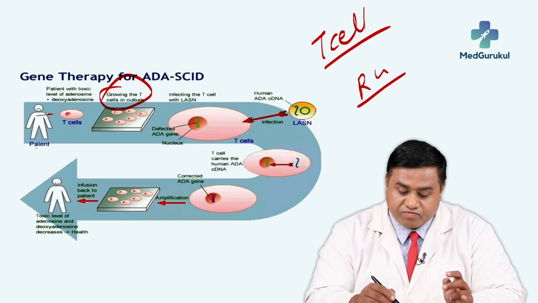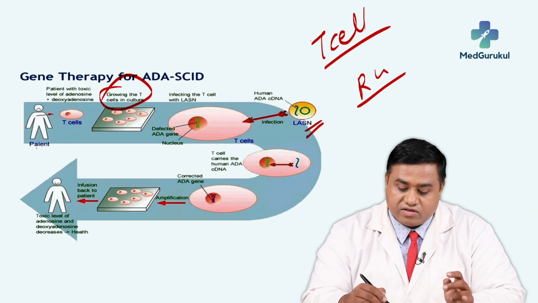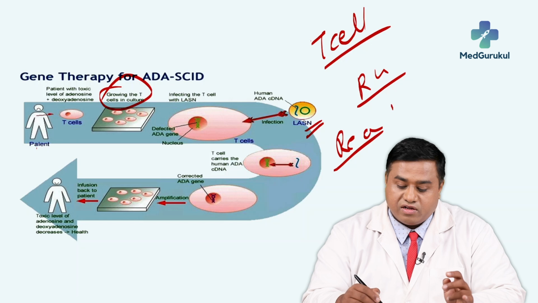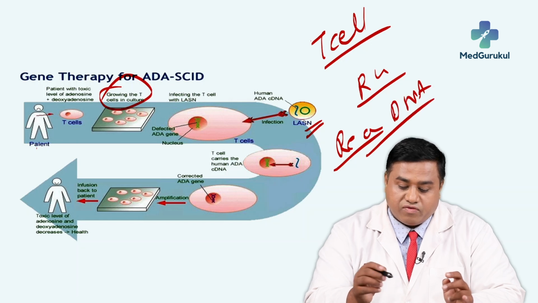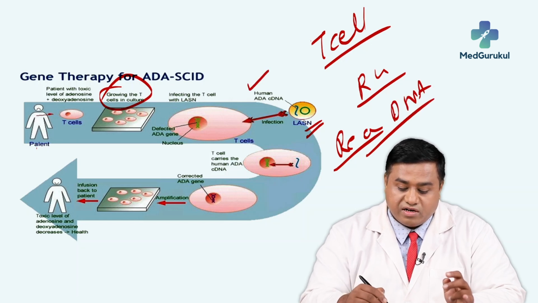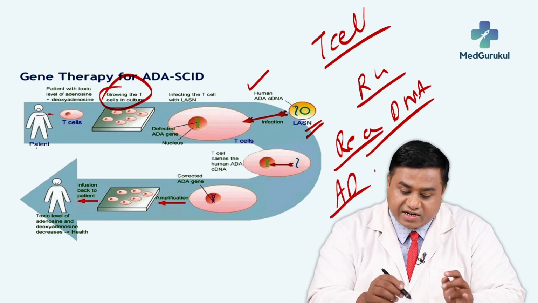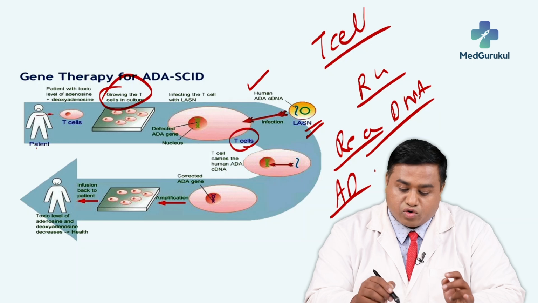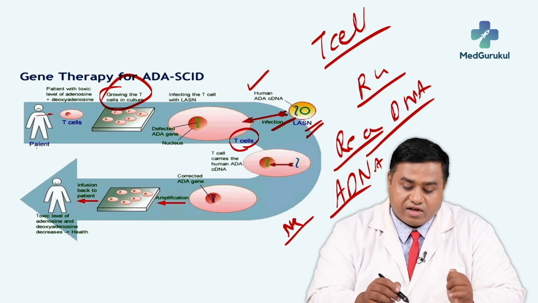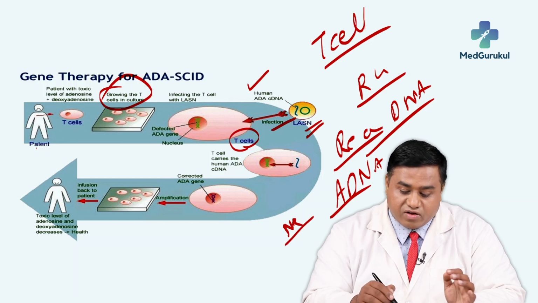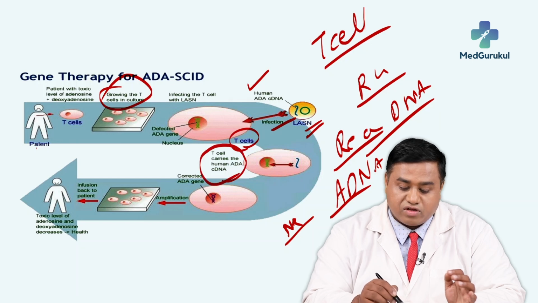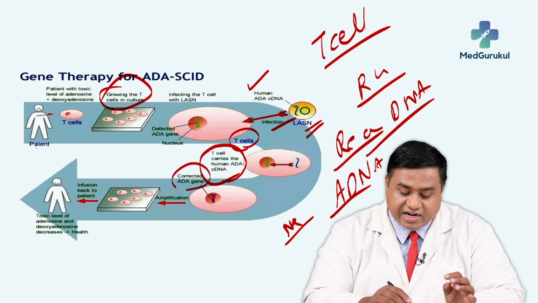you prepare a recombinant DNA where a normal human ADA gene is present, you infect the grown T cell with the new DNA, that is recombinant DNA, and the infected cell will now carry a normal human ADA and it gets corrected.